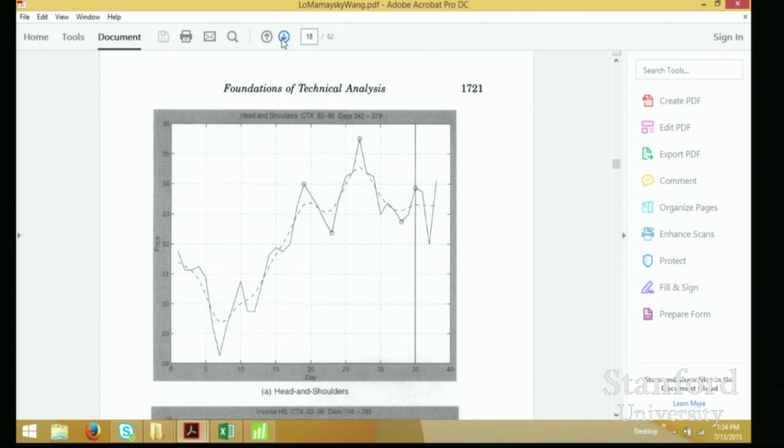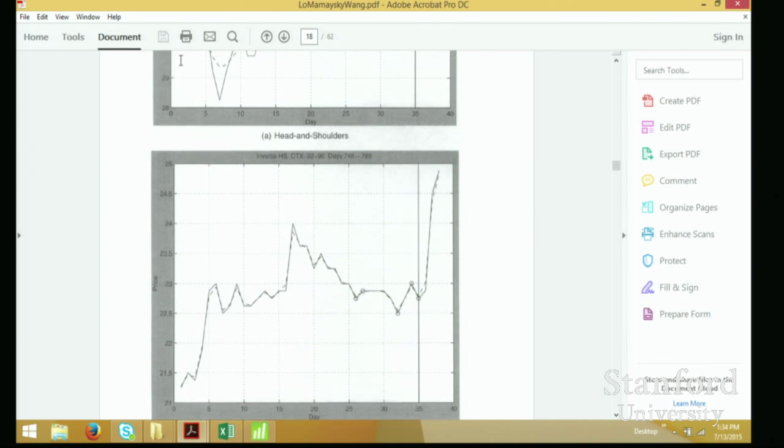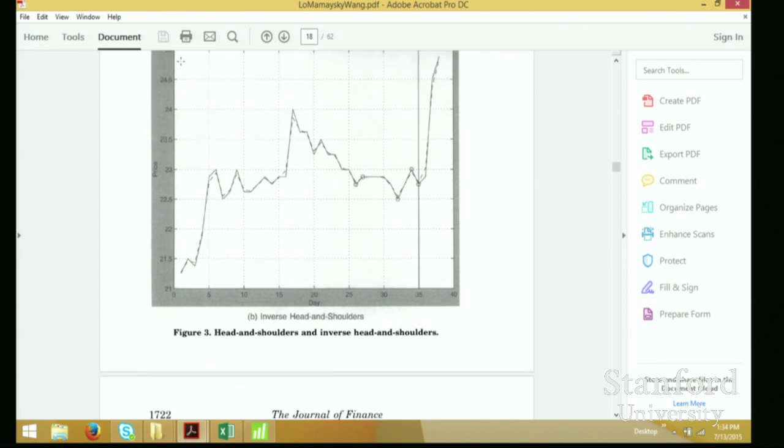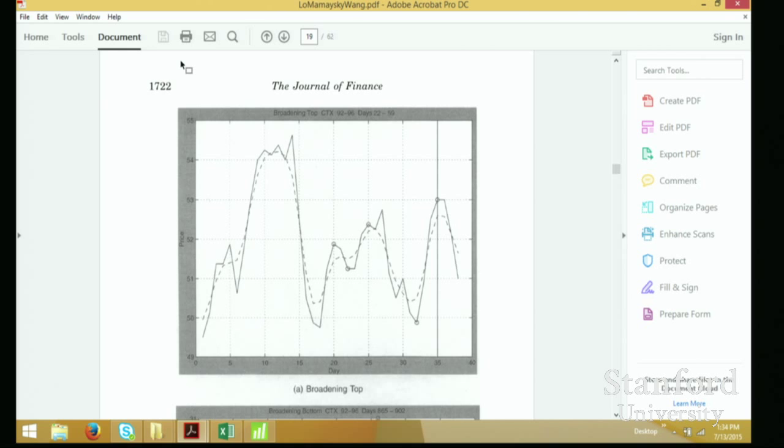You can see that's head and shoulders, and they also identify a few other patterns. This is supposed to be the inverse head and shoulders pattern. And this is the broadening top. You can see that that's a broadening top, and so on.